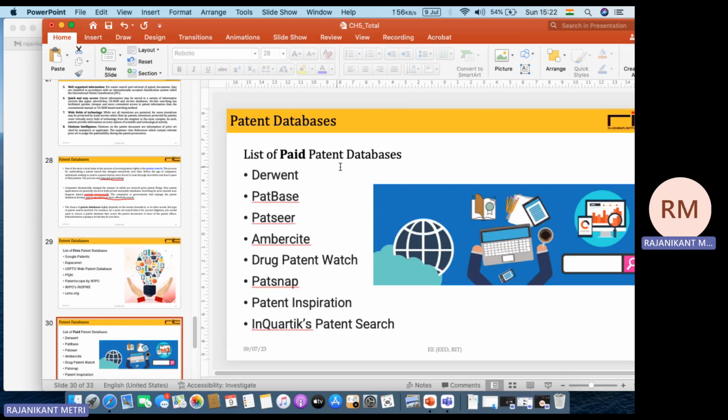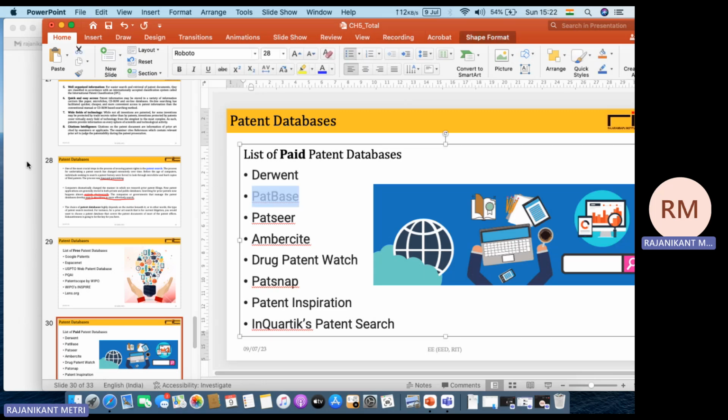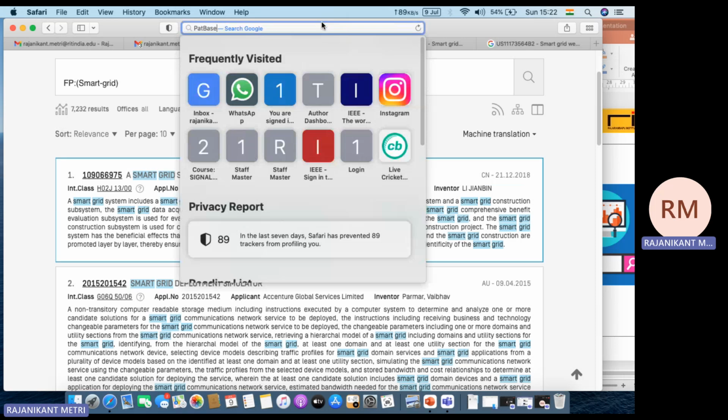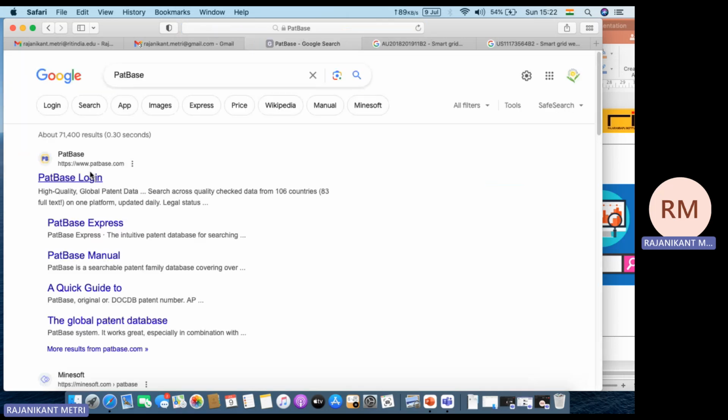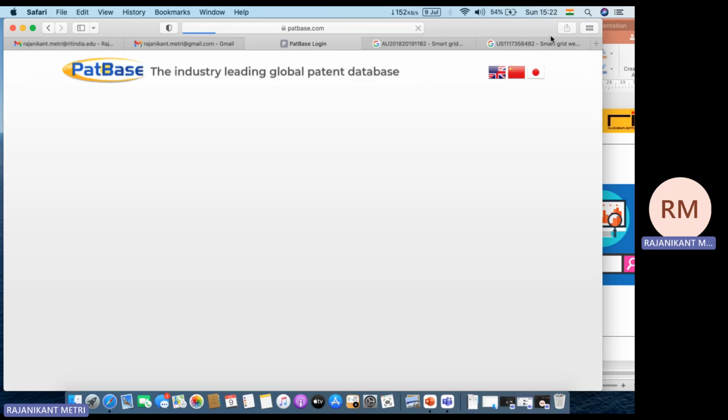Now there are paid patent databases also, like Derwent, PatBase, PatSeer. Try this one, PatBase login. We need to take a subscription for this.